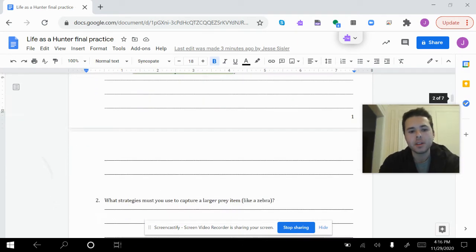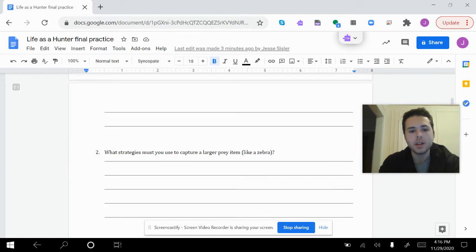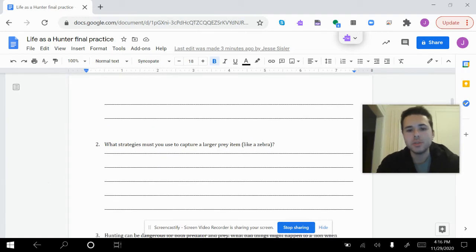Okay, so number two is again asking you to think a little outside the box, maybe some critical thinking. You don't have to reference any numbers here. Let's just say if you're a lion, what strategies do you have to use to capture a larger animal like a zebra, right? Because there are different strategies you need to use to hunt different animals.